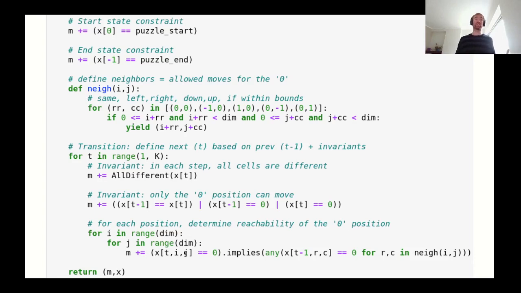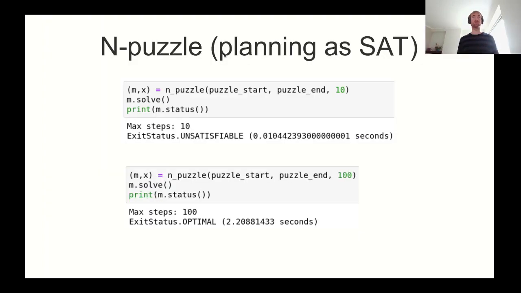And then for each of the positions, we have to determine the reachability. So the 0 position, the blank position, can only be at that specific location if it was at a reachable position in the step before. And that's it. So if you do this, then you give it the k up front, and it will generate a model, and you can use a solver to solve it.